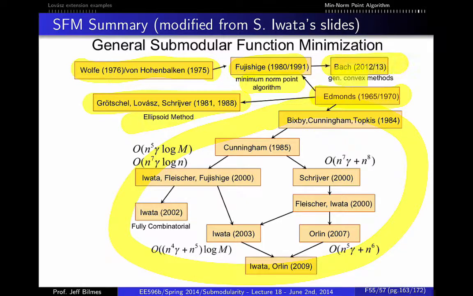And then very recently, if you look at the 2013 version of Francis Bach's book, he uses a large assortment of different primal convex optimization procedures, including the Frank-Wolfe procedure, which is different from the Wolfe procedure, and a number of other polyhedral convex optimization problems to minimize the submodular function, and benchmarks them all.